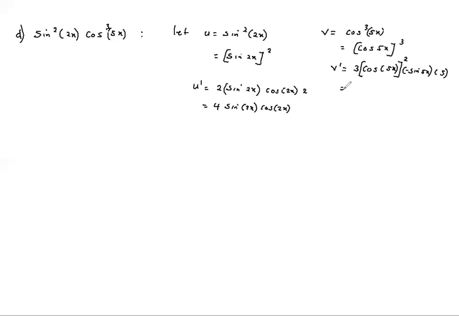So 5 times 3, we have 15 cos squared 5x, and the negative will come out, so that will remain sine 5x.